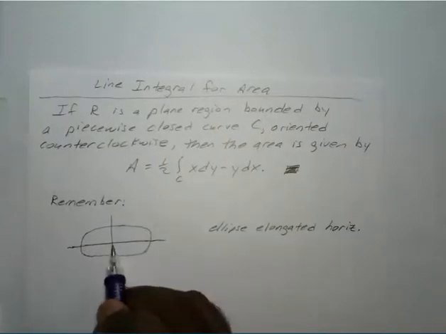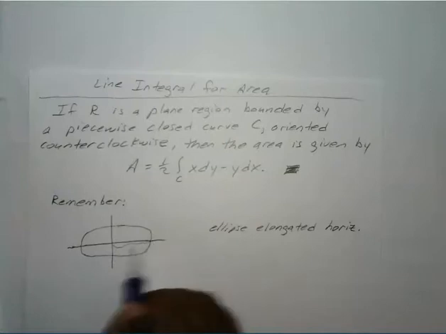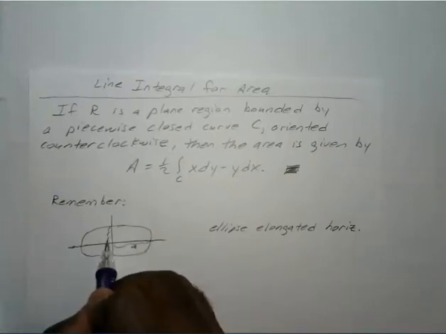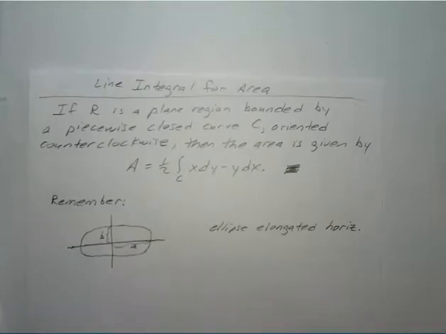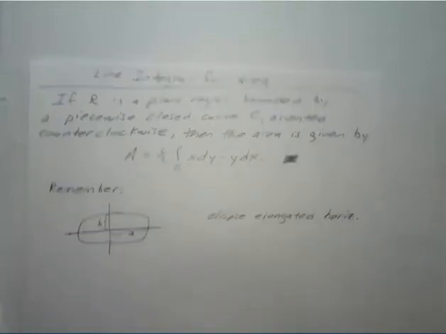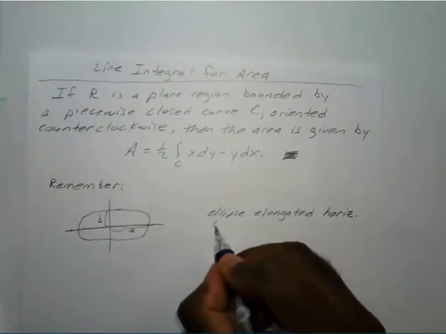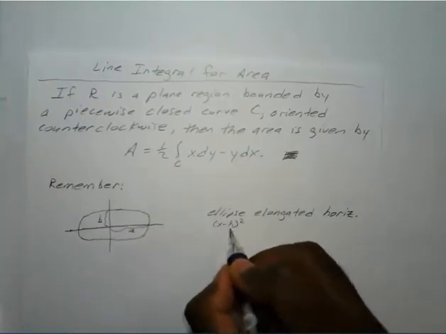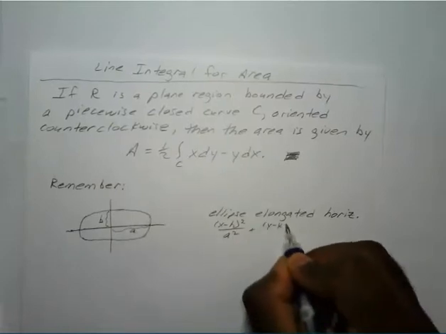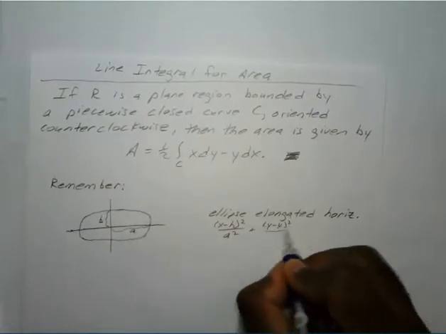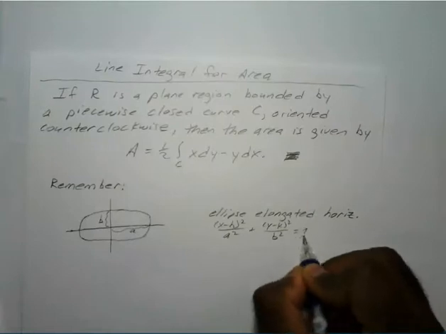From your origin to the endpoint, that's your a, and for your minor axis, from the origin to the actual ellipse, that's your b. In the equation, (x minus h) squared over a squared plus (y minus k) squared over b squared is equal to 1.